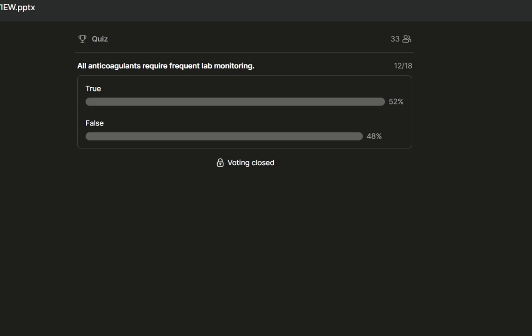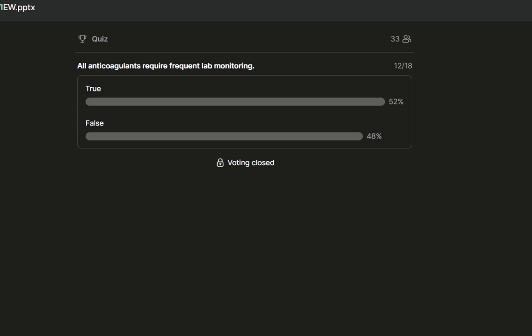What did I tell you about all, always, nevers? Do all anticoagulants, so for example, apixaban, rivaroxaban, does your patient have to come in every week, month for a specific lab to be drawn? No. My patient takes 81 milligrams of aspirin to prevent stroke.